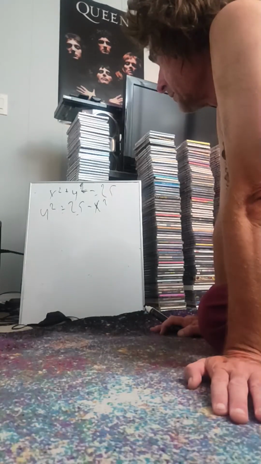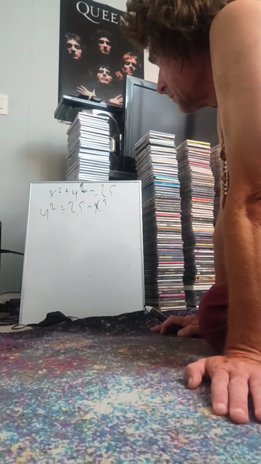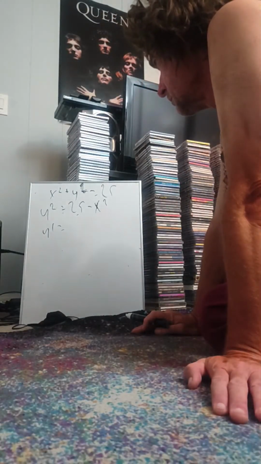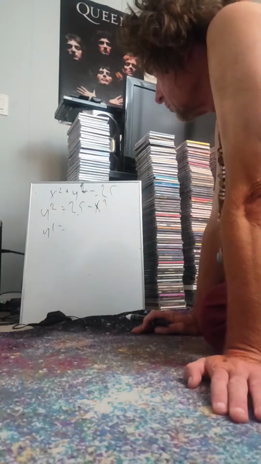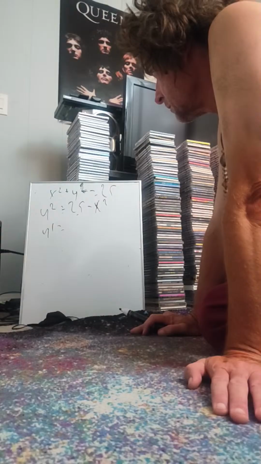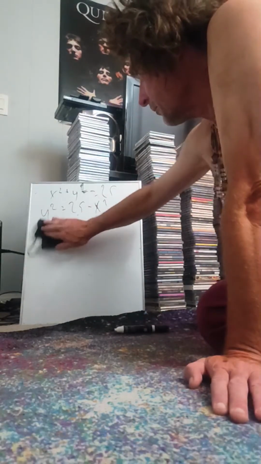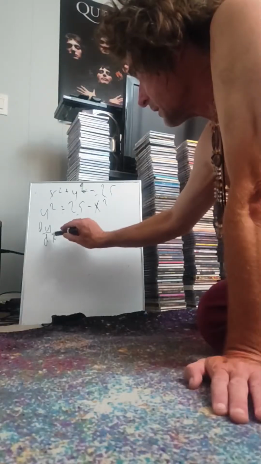So I say the derivative of y squared, y prime, dy/dx, derivative of both sides. Okay. I said y prime before.